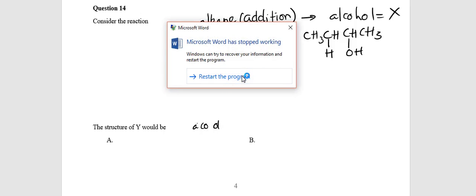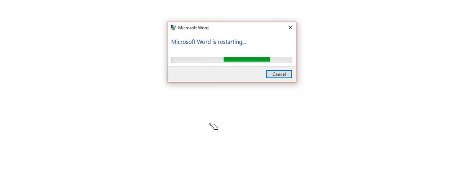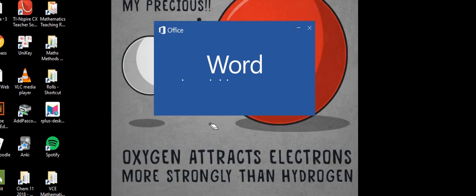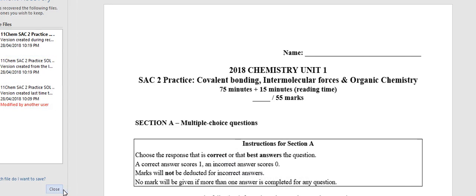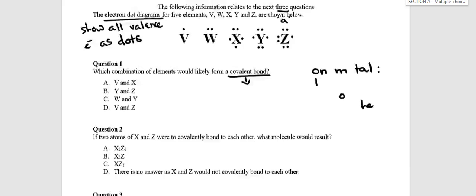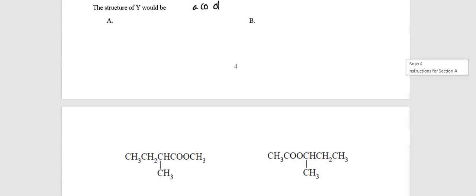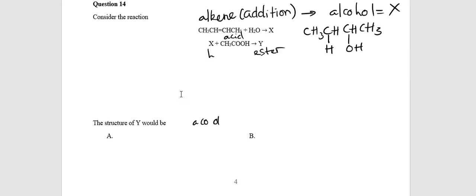And it stopped working. Restart. Why does this do this to me so many times? What is wrong with my computer? Okay. Have we recovered? I think we have.